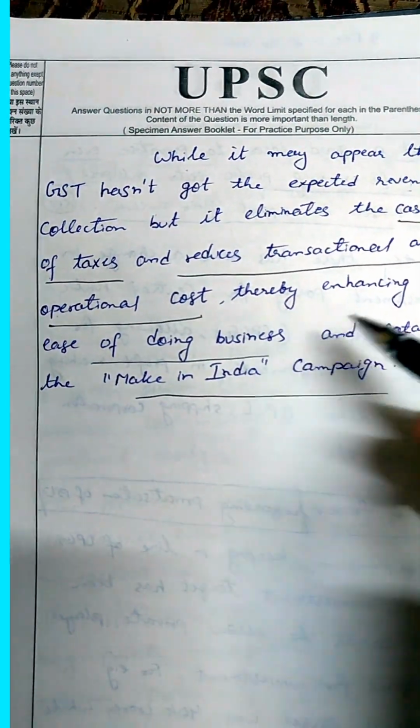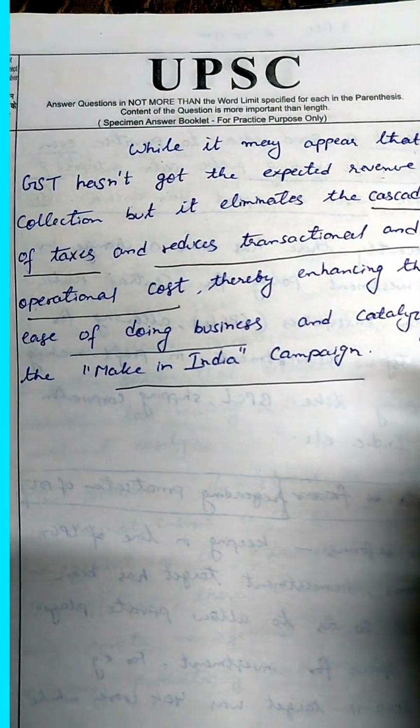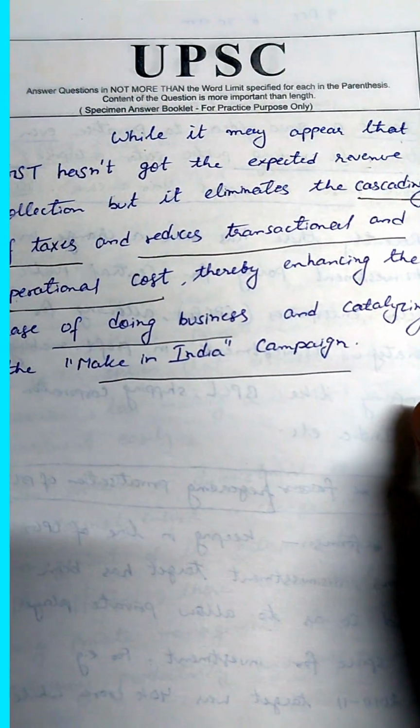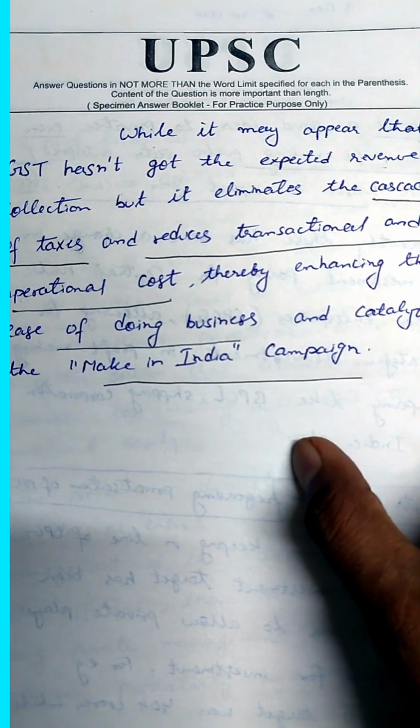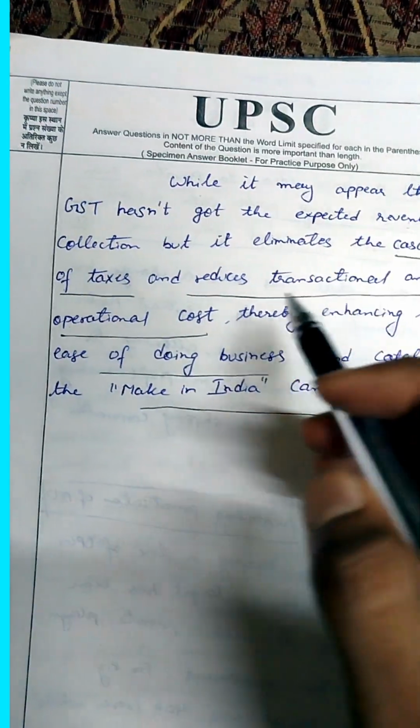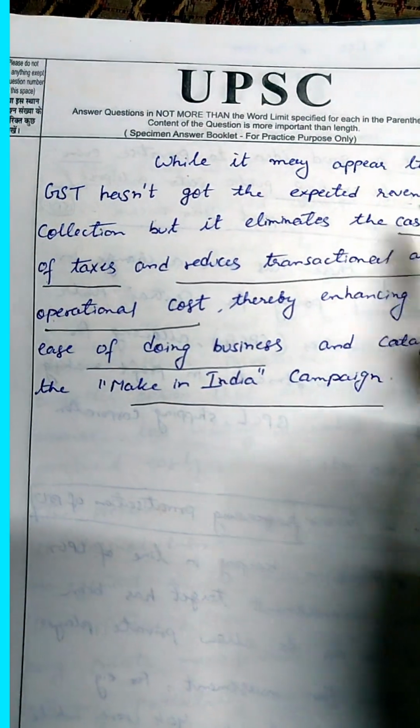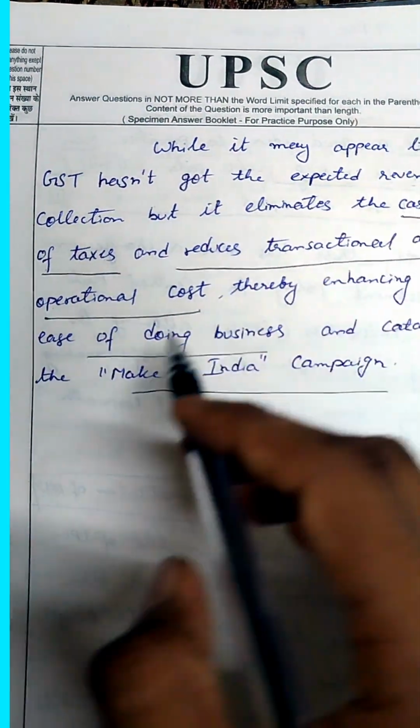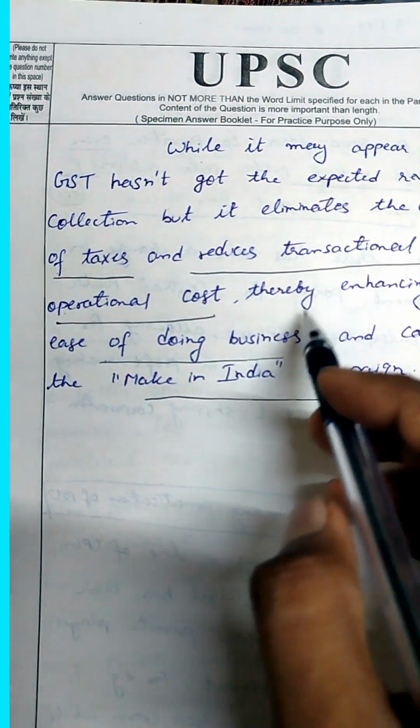Due to the ease of doing business, obviously new companies will come to India and start manufacturing, so it will boost Make in India also. So we have connected GST with operational cost, cascading, reduced transactional cost, connected with the ease of doing business, and again the Make in India campaign. So it makes your answer a holistic answer.